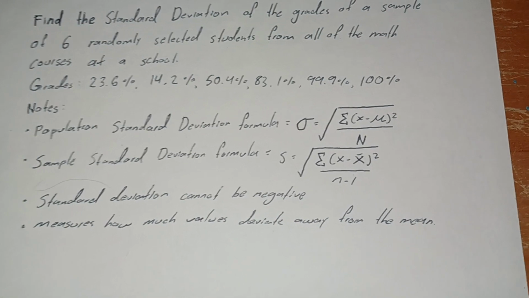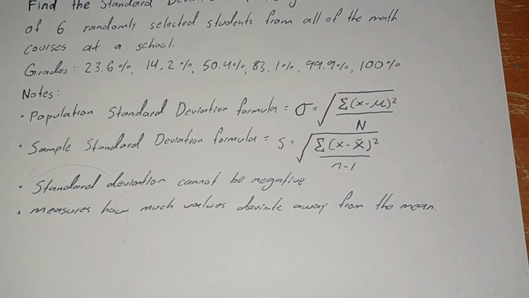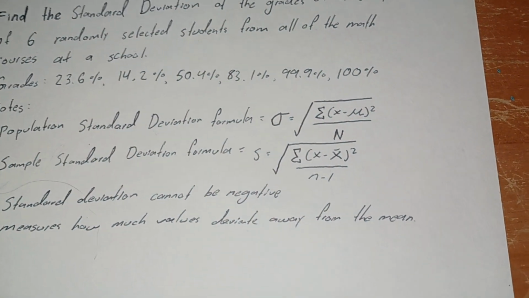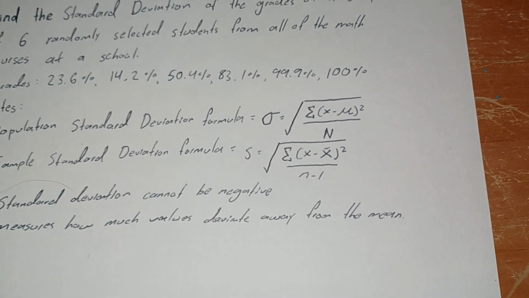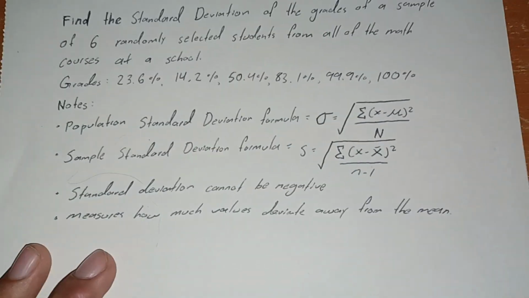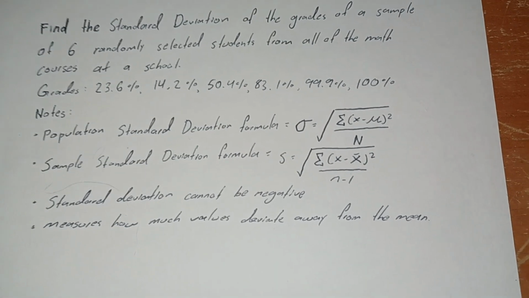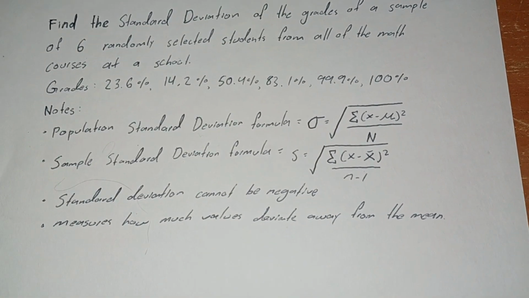Our capital letter N is our population size. So let's say you have a population of 1 million, N is going to be 1 million. In the last video, I kept saying N is sample size, but it's actually population size. I'm just so used to saying sample size all the time that it's a habit now.